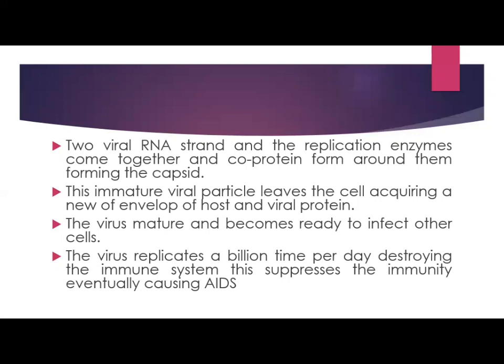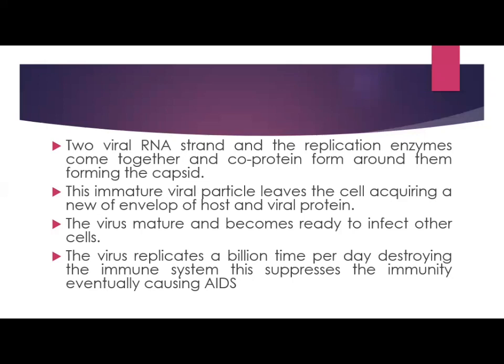It will also have viral proteins that are coming from the two viral RNAs, the replication enzymes, and the co-proteins that were forming the capsid. And that will form one, or even we can just say thousands of viruses that are immature. Then this virus will mature and become ready to infect other cells.